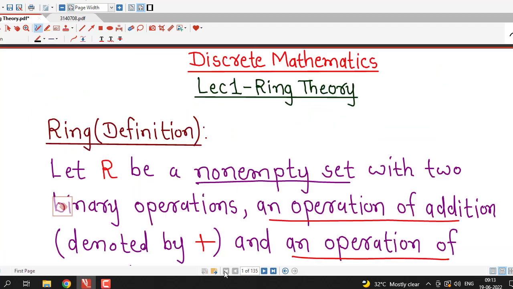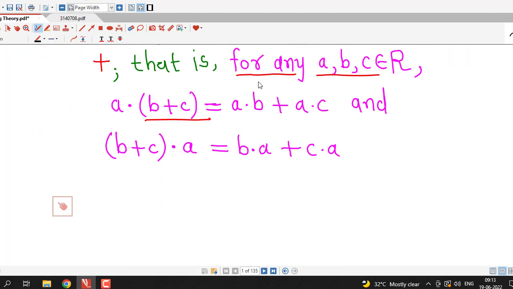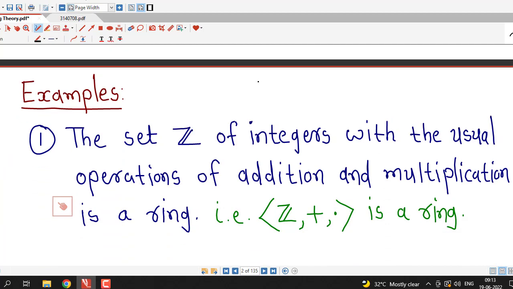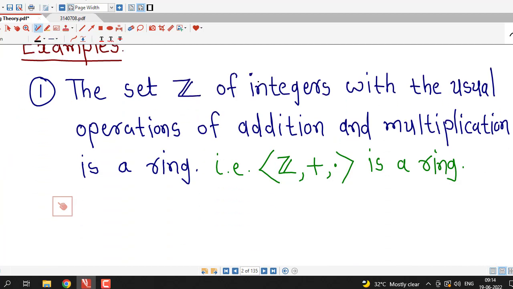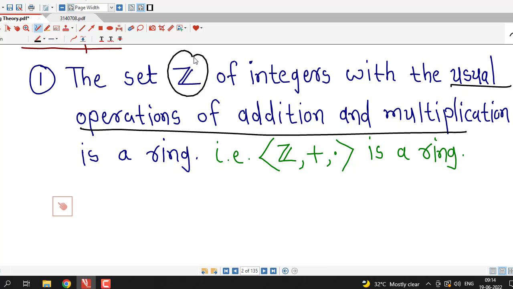Now once we have understood the definition of a ring, we can see some trivial examples of rings. First one is the set of integers. If we consider the usual operations of addition and multiplication on the set of integers, then it is a ring.